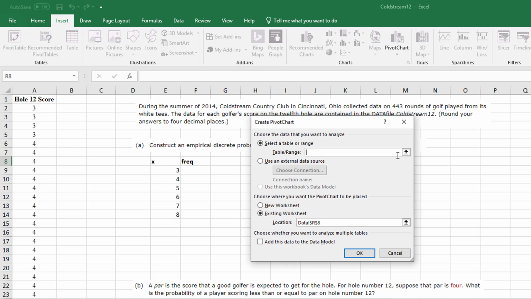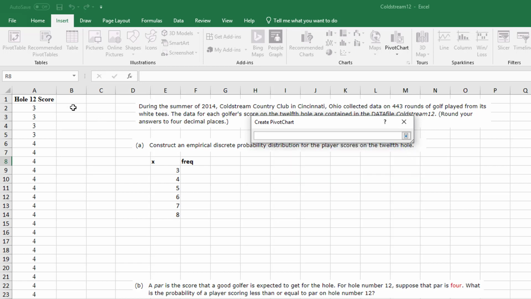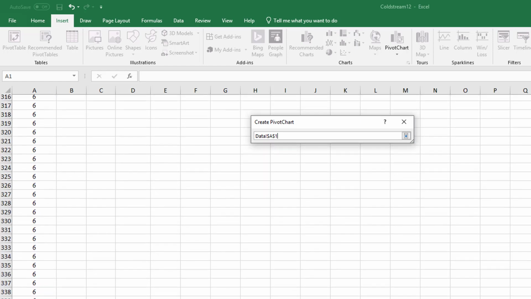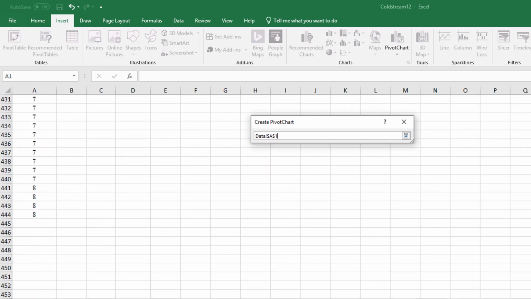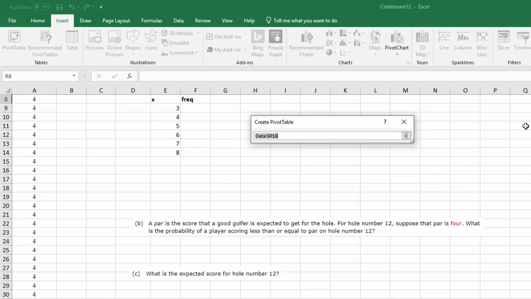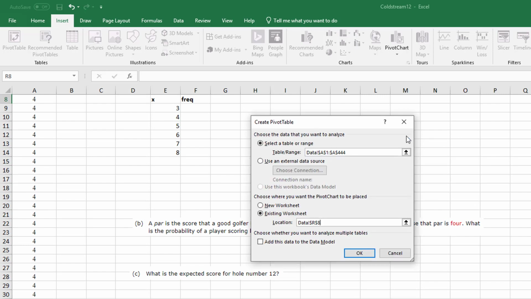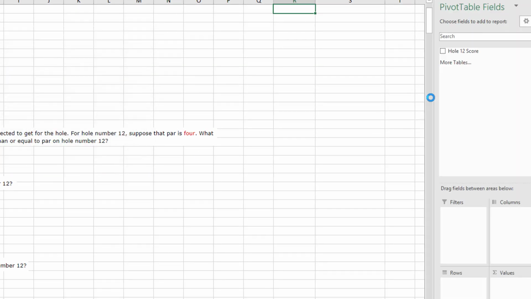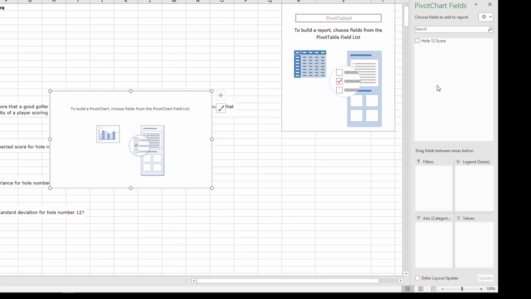Select your table. So in other words, that's going to be all of my data that went to 444, I think it was. Yeah, there we go. And now I want to output this, probably right there is good enough. So I say okay, and I get this stuff here.